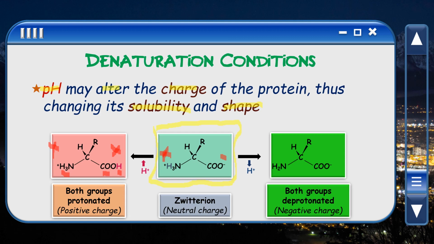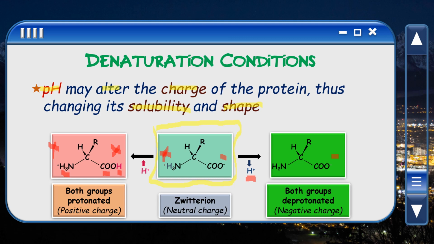On the other side, if you remove a hydrogen, this one is now negatively charged and this one has no charge. Therefore, both groups have been deprotonated, and we get an overall negative charge.